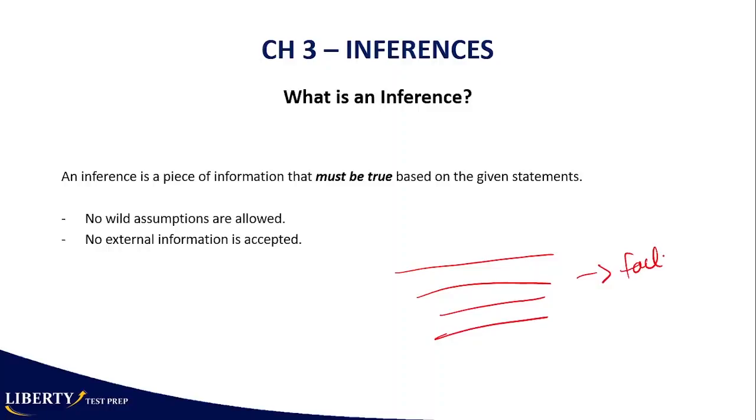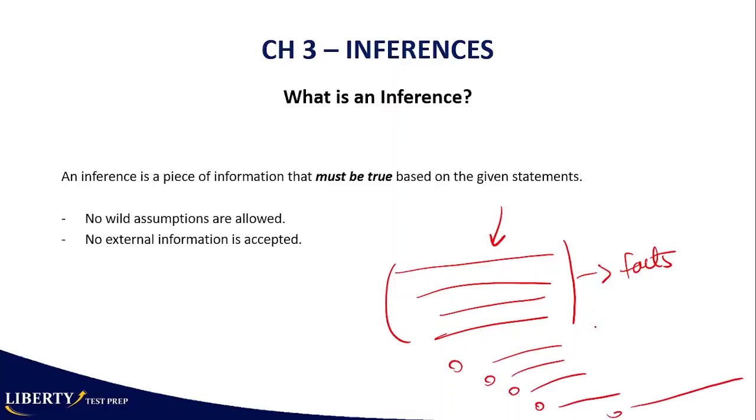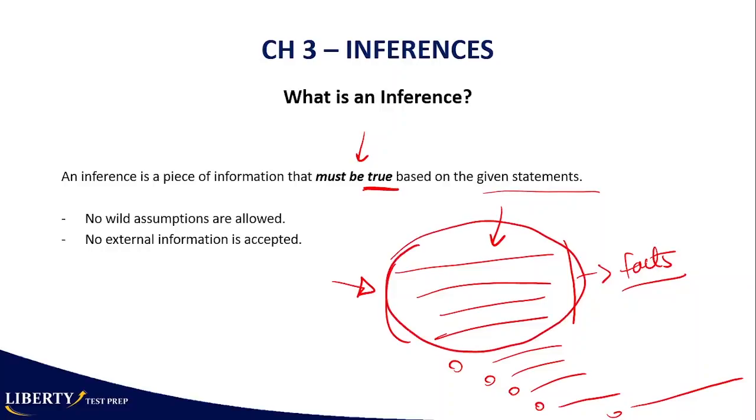All of them are going to be facts. You are not going to get an opinion here in the argument. You are going to have to provide a deduction based on this data, something that must be true. So you read all the information from this set of facts, from the given statements, and then you infer something that must be necessarily true based on these statements. Okay, which one has to be true, and then you choose your answer.